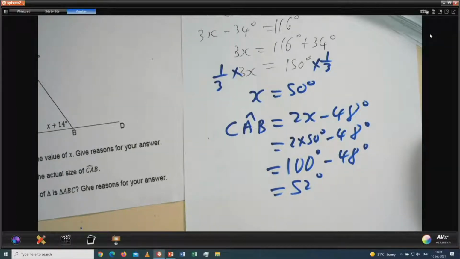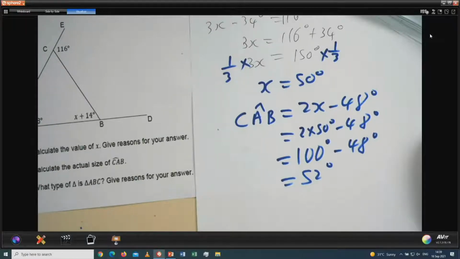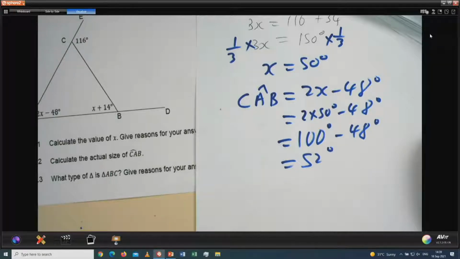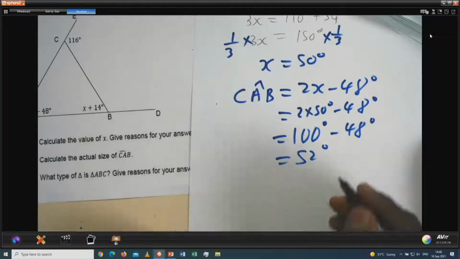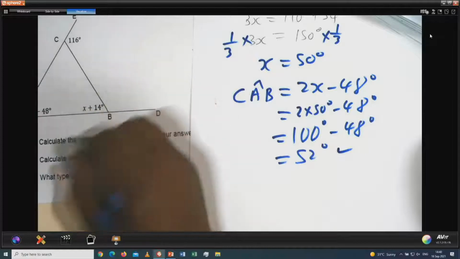Now the question is, what type of triangle is triangle ABC? Remember, what defines a triangle is the properties again. We must check the sizes of the triangle. We found CAB first. Let's try and get CBA now.